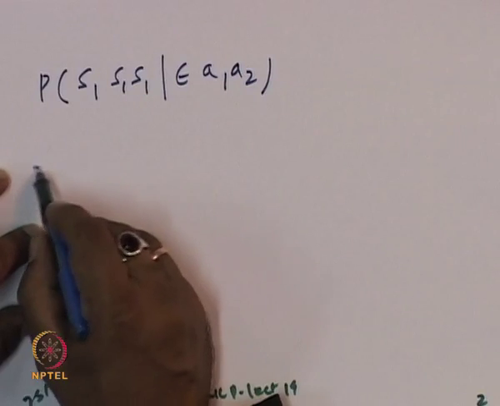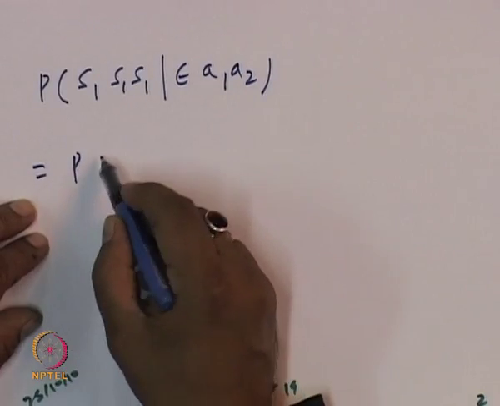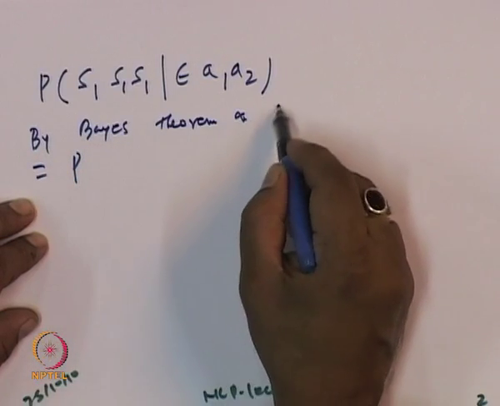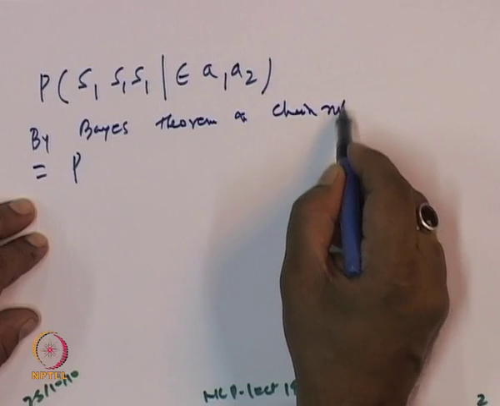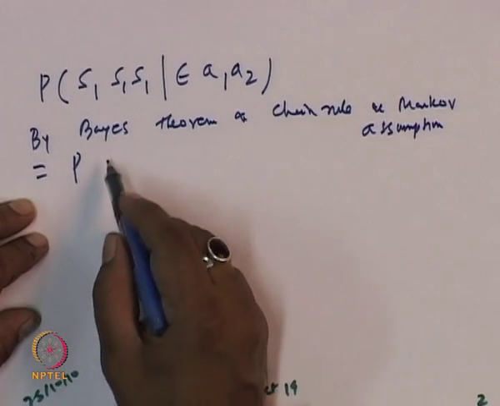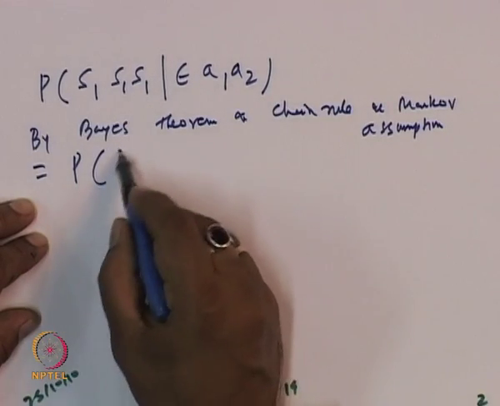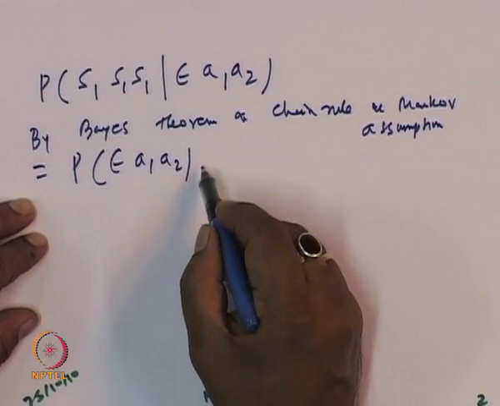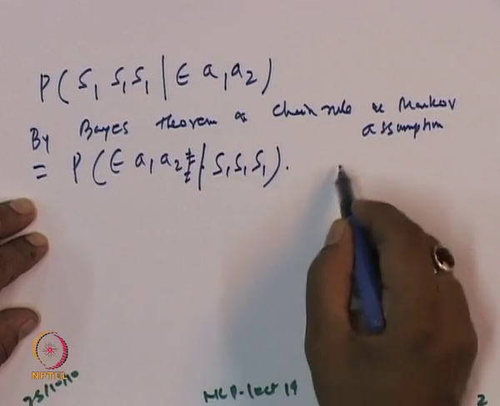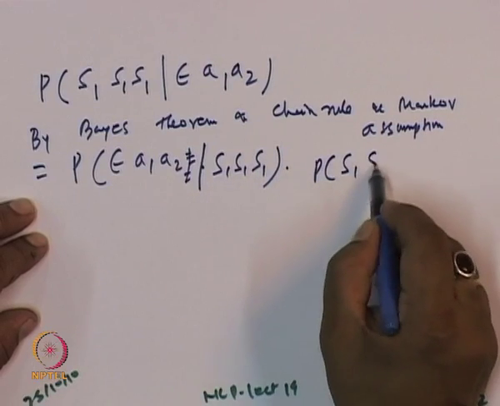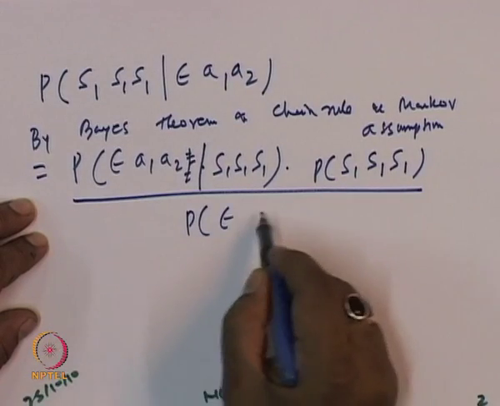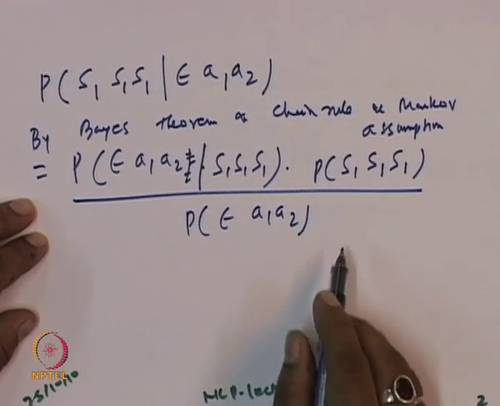By Bayes theorem, chain rule and Markov assumption, we get this as P of A1, A2 given S1, S1, S1 into probability of S1, S1, S1, and the denominator is probability of A1, A2.